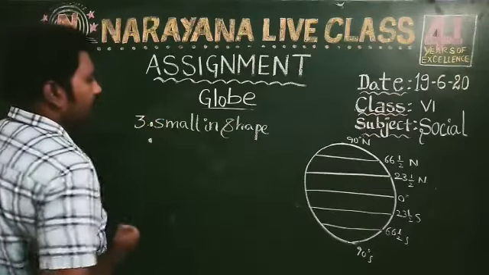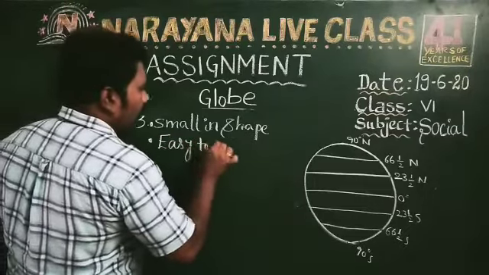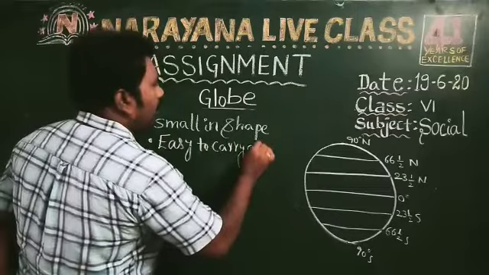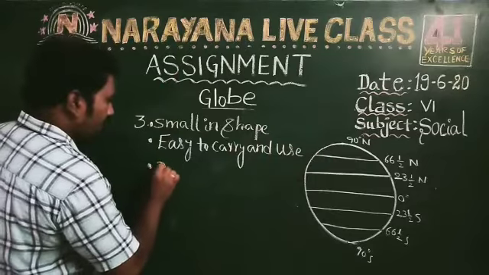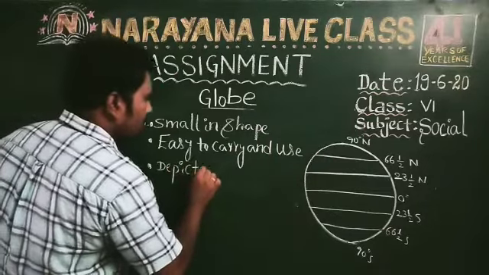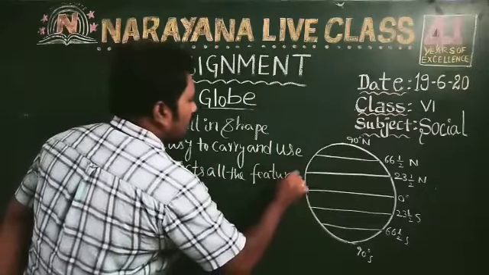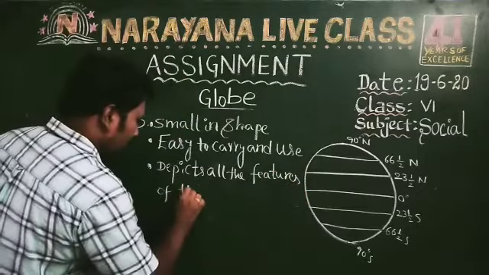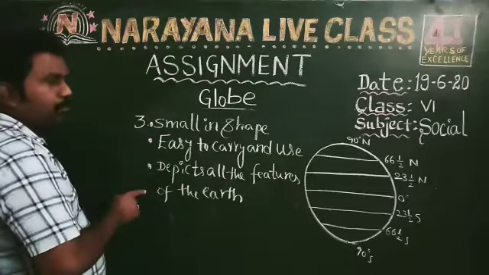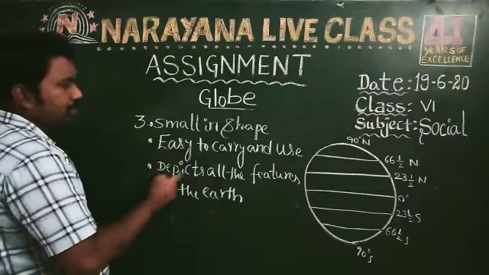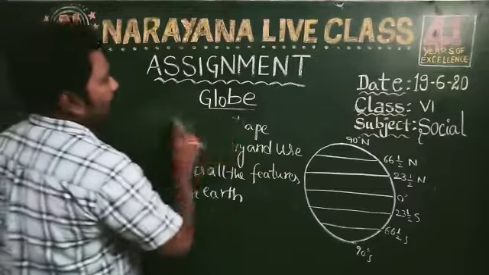Then the second point, easy to carry and use, and it depicts all the features of the Earth. So total 3 points. Now let's move on to the fourth question.